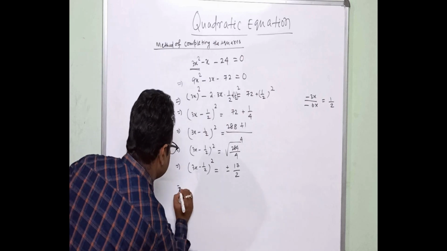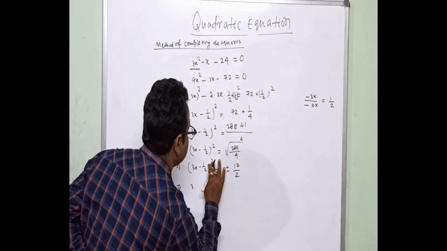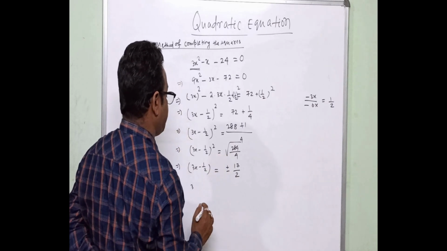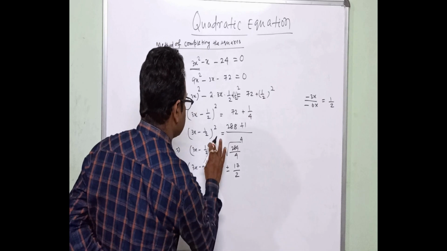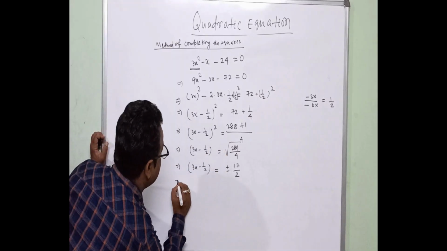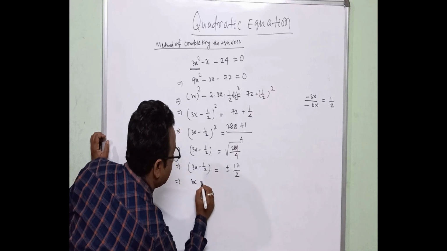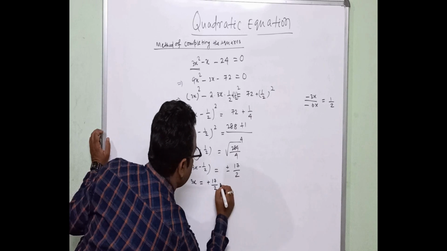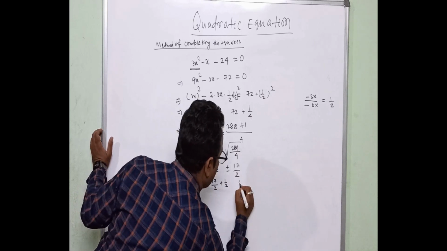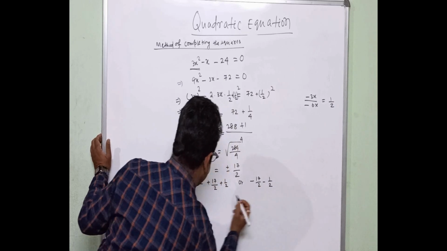Here root over is given, square is not there, so we can write this omitting the squares. That implies 3x is equal to plus 17 by 2 plus 1 by 2, or minus 17 by 2 plus 1 by 2.